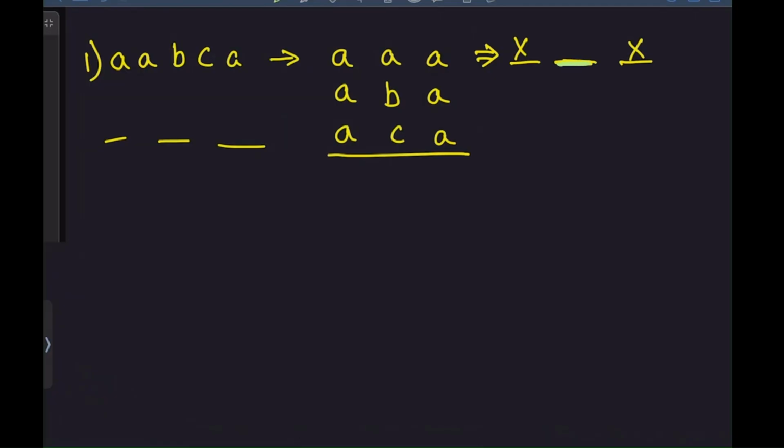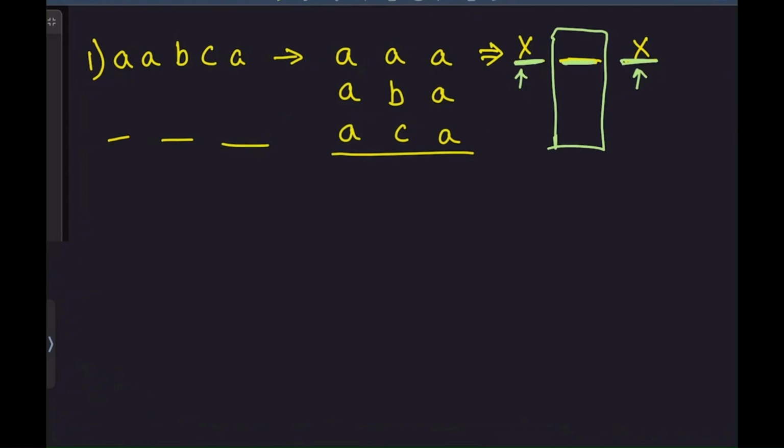That is our target, right? If we fix the first and the last character, we need to count the number of unique characters that appear in between the first and the second X. That's the whole point of it, right? Now let's say this is the A we are talking about and this is an A we are talking about.